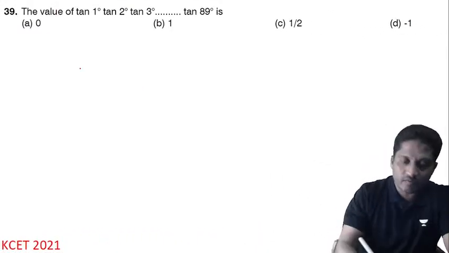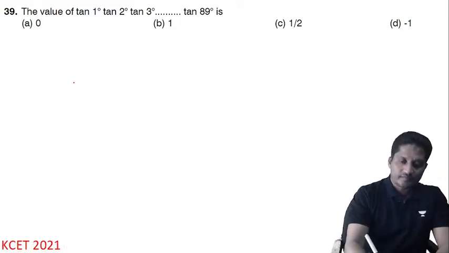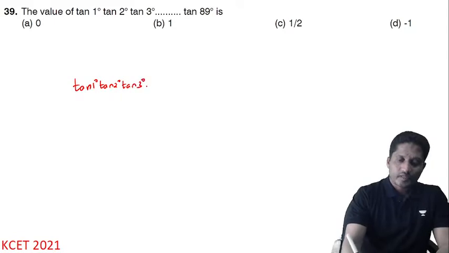The value of tan 1 into tan 2 into tan 3, and so on up to, in between you get tan 44.